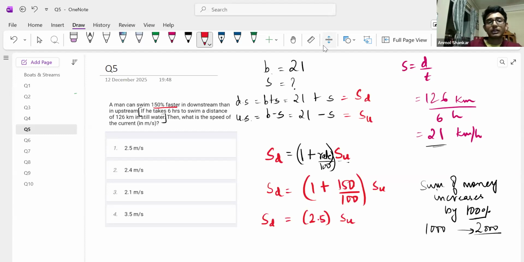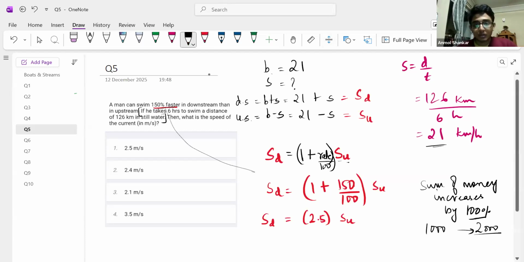So simpler, நம்ம வந்து it is 2.5 times more. அதுக்கு பதிலா என்ன சொல்லியிருக்காங்க, 150% faster. Right? So we should be able to convert from this 150% to இந்த மாதிரி 1 plus whatever by 100. அதை வச்சுட்டு, so downstream speed is 2.5 times the upstream speed. இப்போ என்ன பண்ணுவோம்?